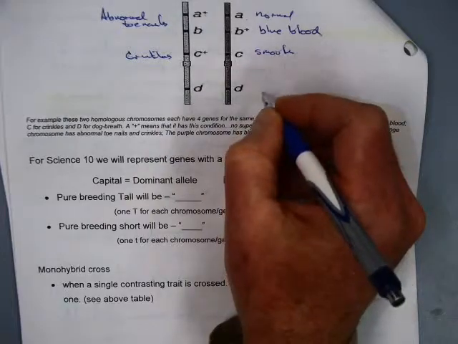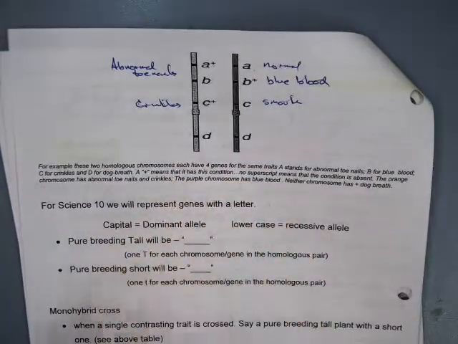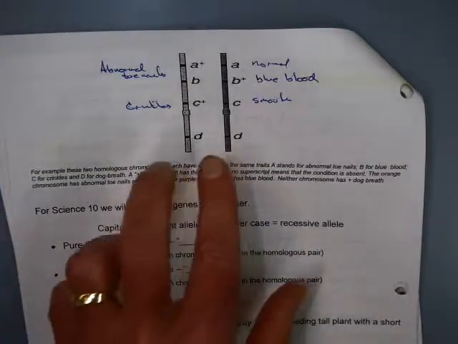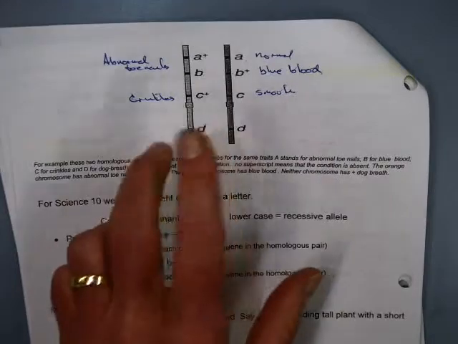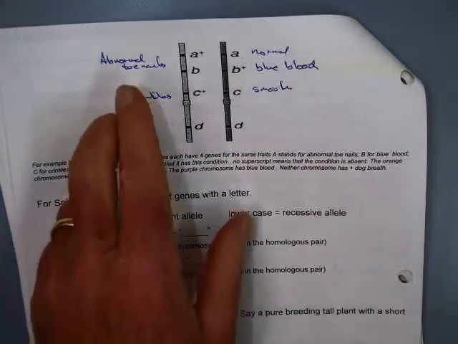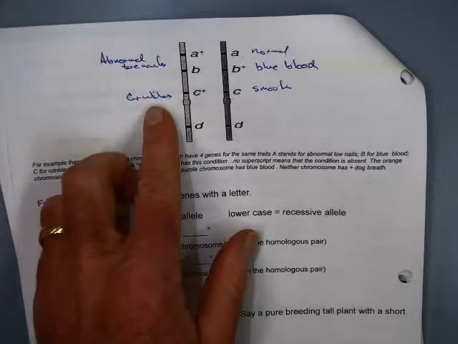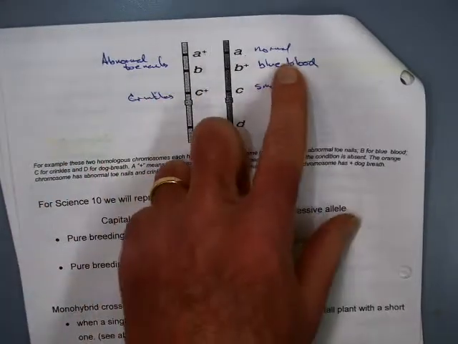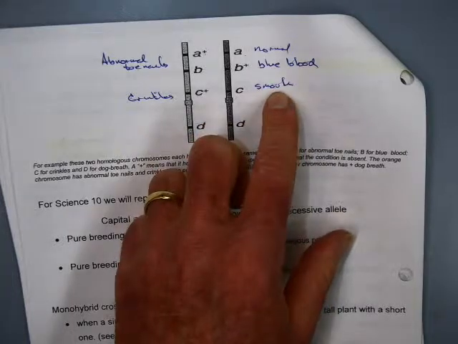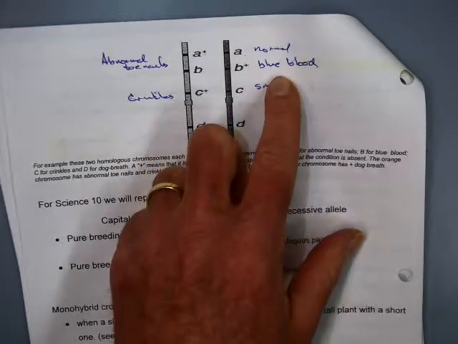Nobody's got dog breath today. Okay? Thank God, eh? So what you see here is two chromosomes, one from each individual. One individual would have abnormal toenails with crinkles and red blood. The other has normal toenails, but is smooth, and has blue blood.